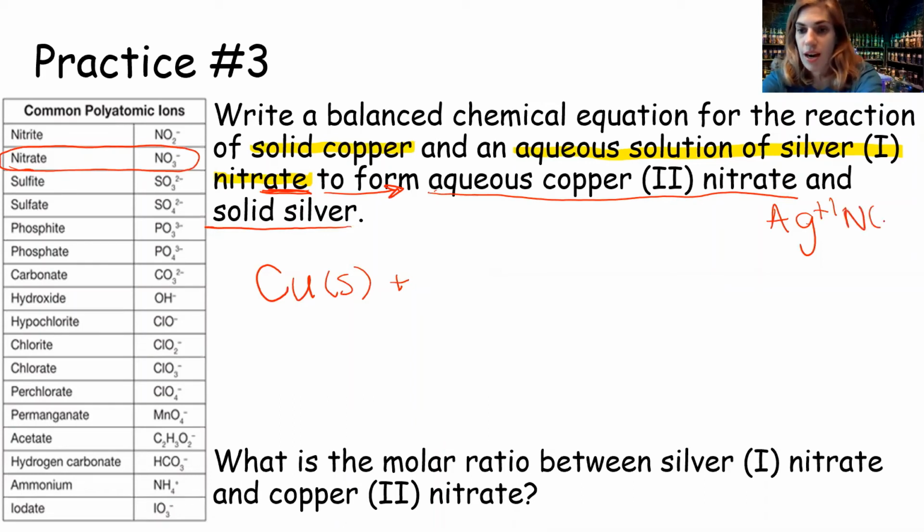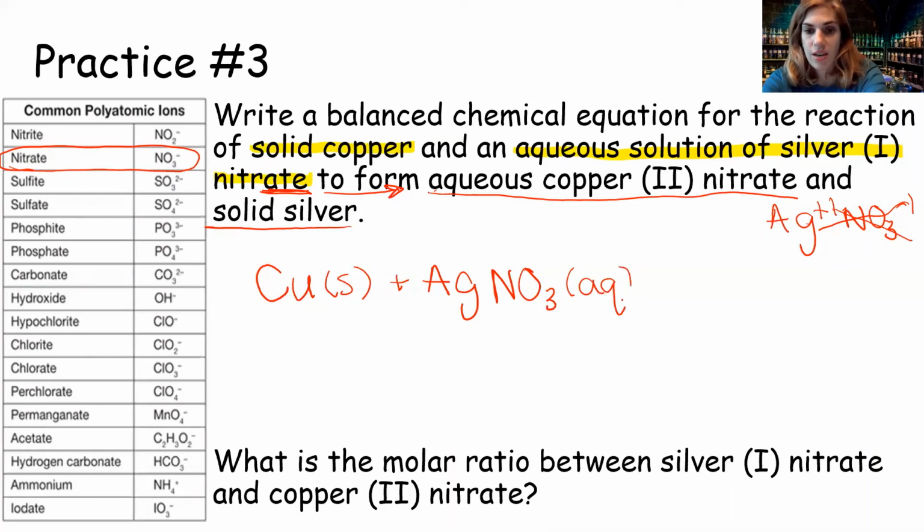So I can write that out, -1. Do your cross and drop. Don't just stare at it and try to figure it out. If you have not formed an X, you've done something wrong. So you should get Ag, which you don't need to put the 1, NO3. And it tells you it's aqueous. Remember that the symbol for aqueous is aq.